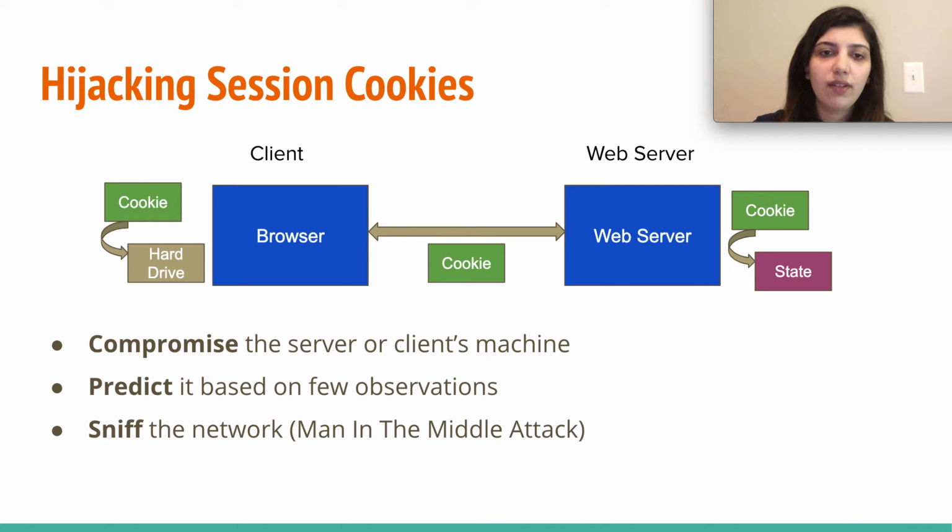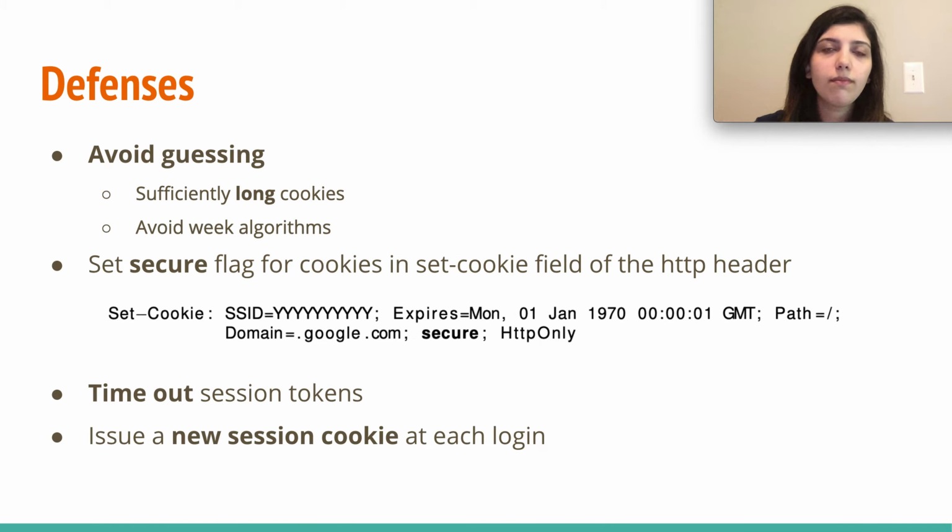This action that we call man-in-the-middle attack can be avoided by using secure HTTP that is called HTTPS. In this way, we can encrypt sensitive communications. So to protect the website against this attack, we can choose cookies that are sufficiently long and avoid using weak and simple algorithms for generating them. Also, we can set the secure flag for cookies in the setCookie field of the HTTP header.